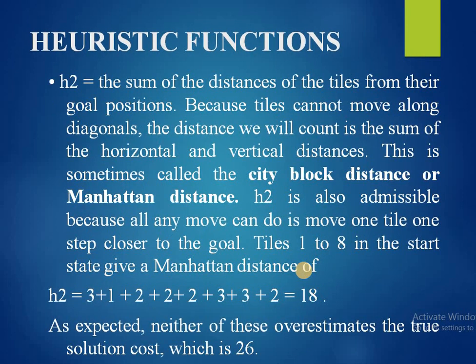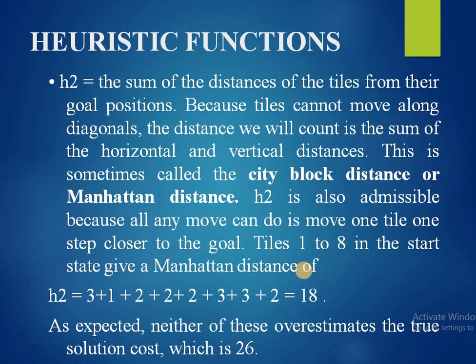What is h2 then? h2 is the sum of the distances of the tiles from their goal positions. Because tiles cannot move along the diagonals, the distance we count is the sum of the horizontal and vertical distances.